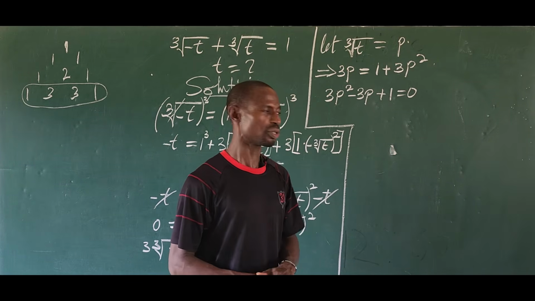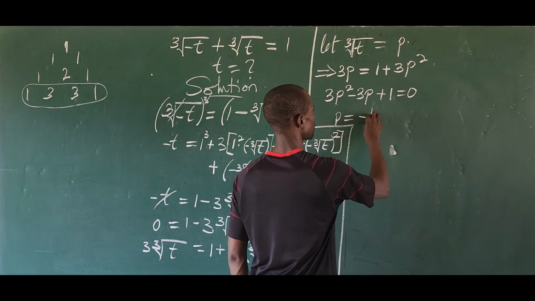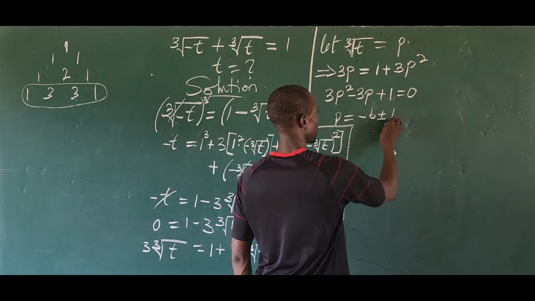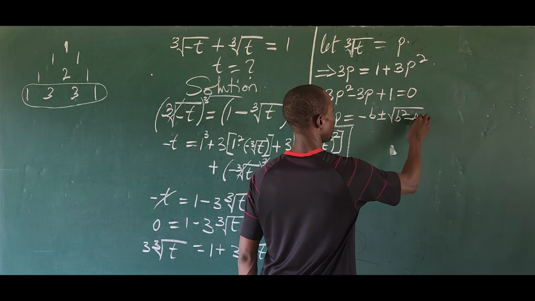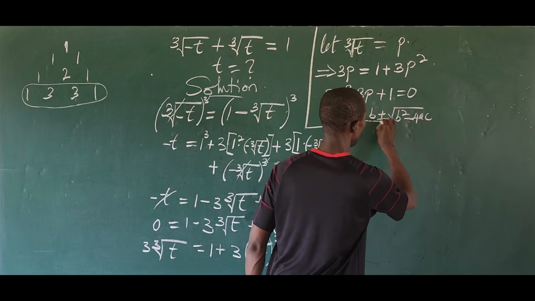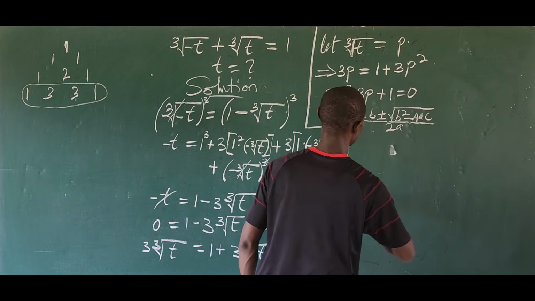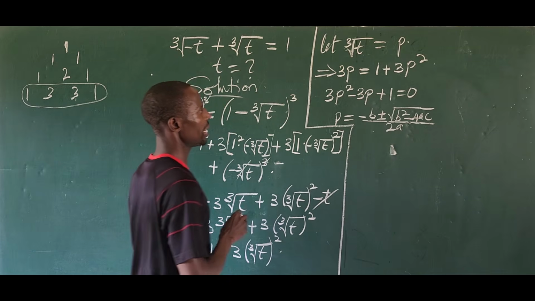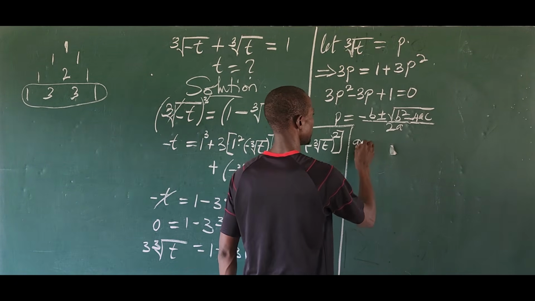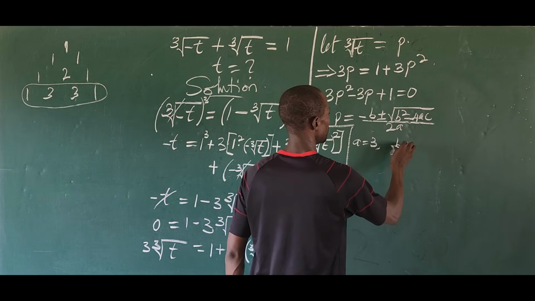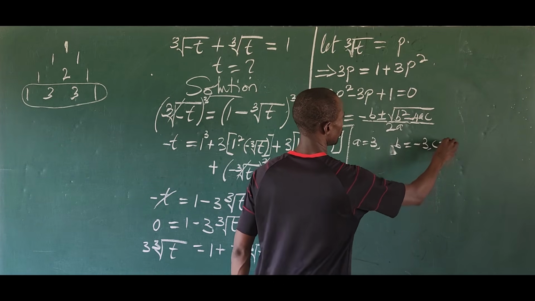We use the formula method, and the formula method says that p will be equal to minus b plus or minus the square root of b squared minus 4ac, all over 2a. Now we bring out our a, b, and c. From this equation, a is equal to 3, b is equal to minus 3, and c is equal to 1.